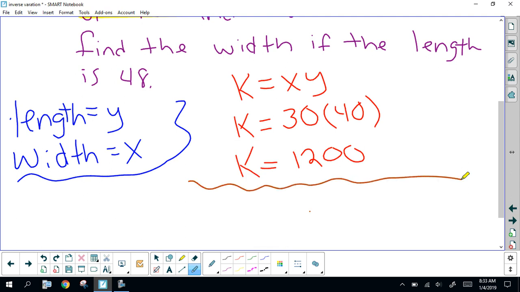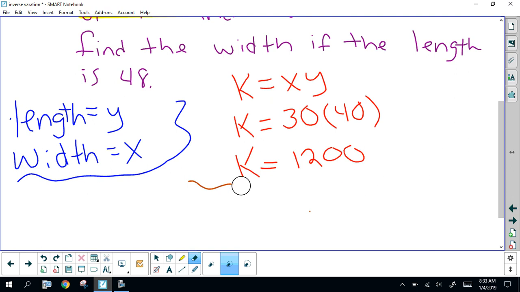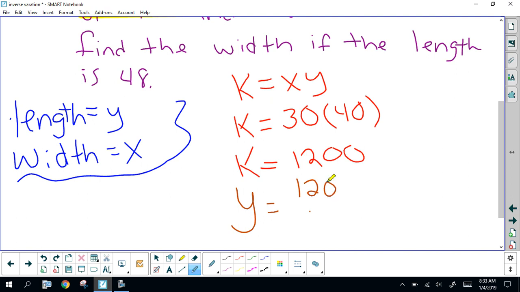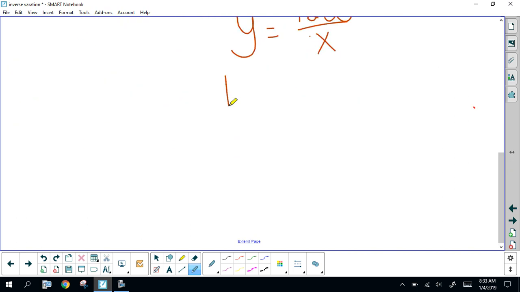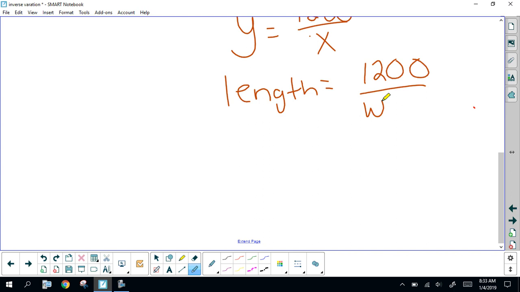With k, I can write my equation, which is going to say y equals 1,200 over x. In context of this problem, it's basically saying that the length equals 1,200 divided by the width. That is in context to the problem.